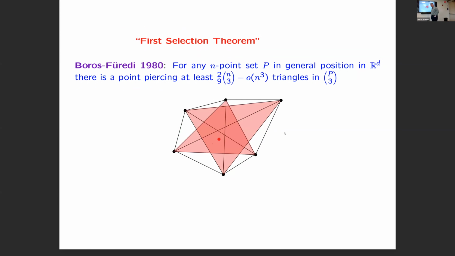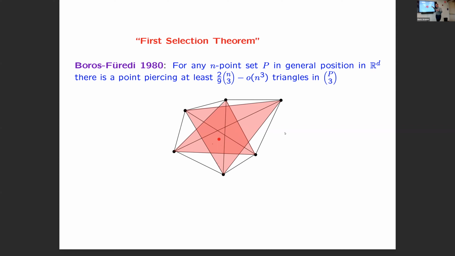A very fundamental result in combinatorial geometry, due to Bárány and Füredi, who were graduate students at Technion in 1980, says that if we have n points in the plane, in general position, of course, then one can always pierce at least a fixed fraction of the triangles that are determined by these points.